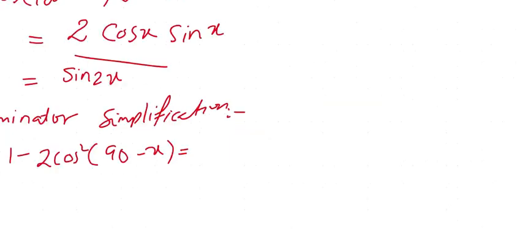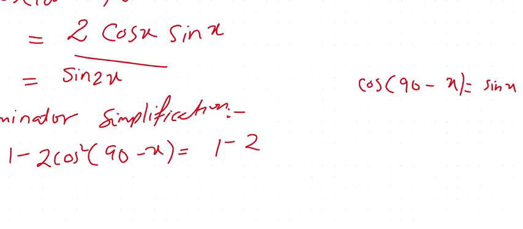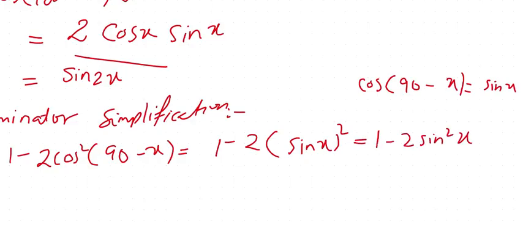Cos(90 degrees minus x) is equal to sin x, all right? So here I simplify 1 minus 2 into sin x all squared, which is 1 minus 2 sin square x. Using the double angle identity for cos 2x, cos 2x equals 1 minus 2 sin square x.